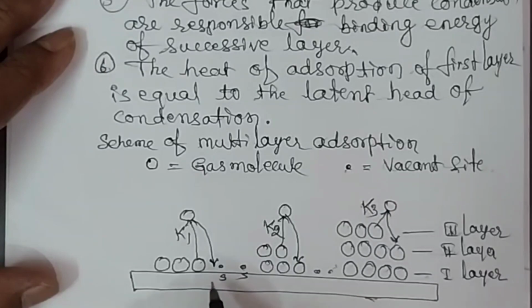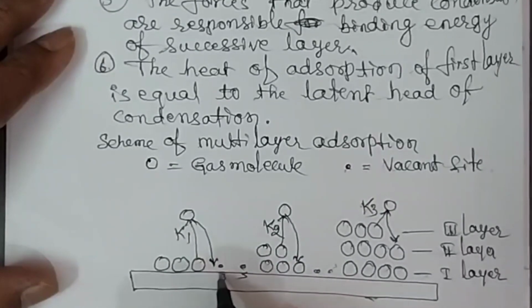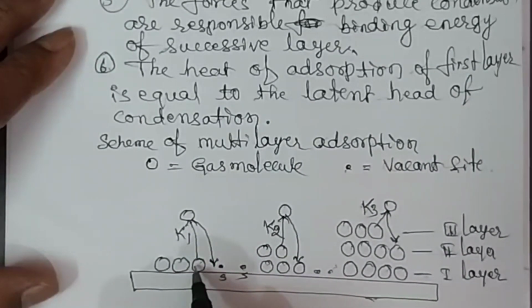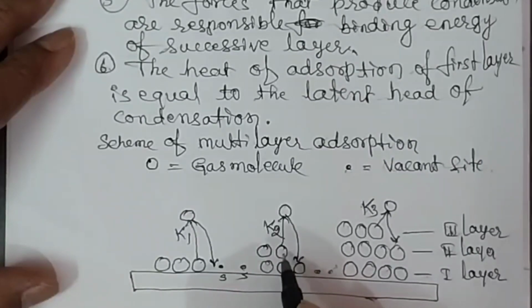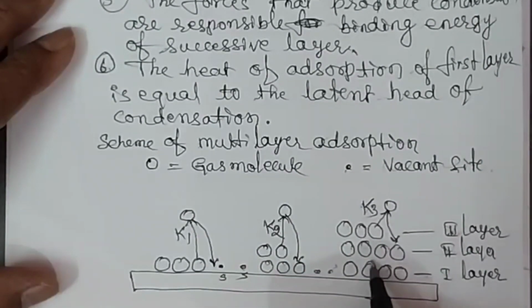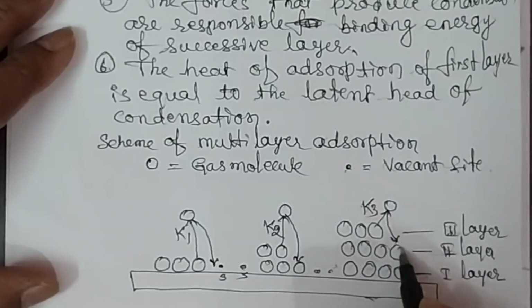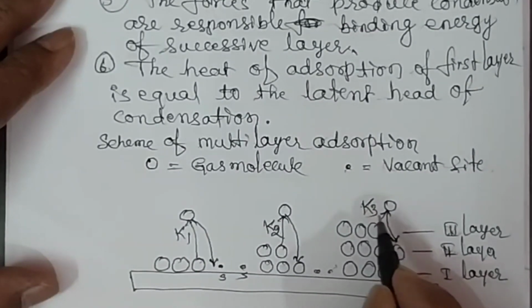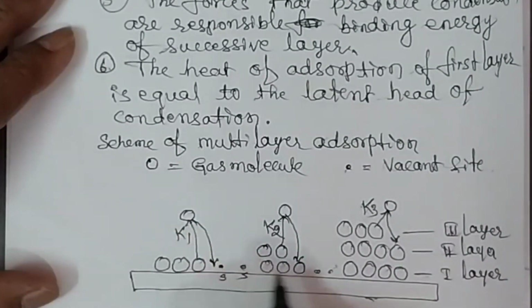And in this way, there is equilibrium between the free sites and first layer, between the first layer and second layer with K2, and between the second layer and third layer. In this way, there is multilayer adsorption, and one layer and its successive layer are in equilibrium with each other.